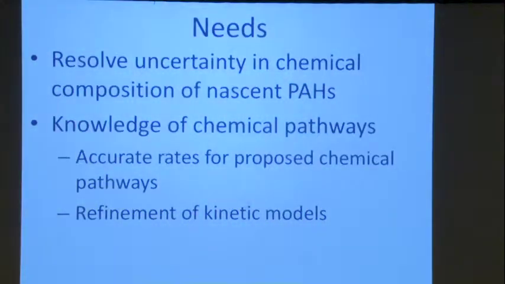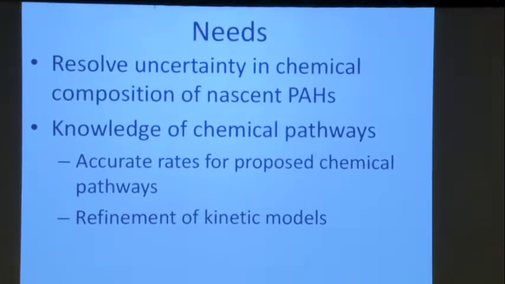Okay, so I want to conclude this part with some needs again, and I think open questions also. There is a huge need again for reducing uncertainty in the chemical composition of PAHs. So anything from the modeling perspective in terms of chemical pathways is very important at this point. Rates, always, but also refinement of kinetic models.